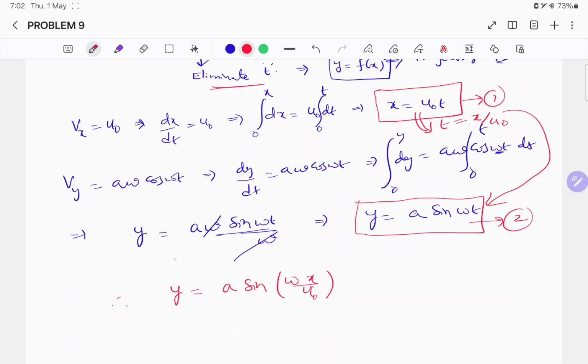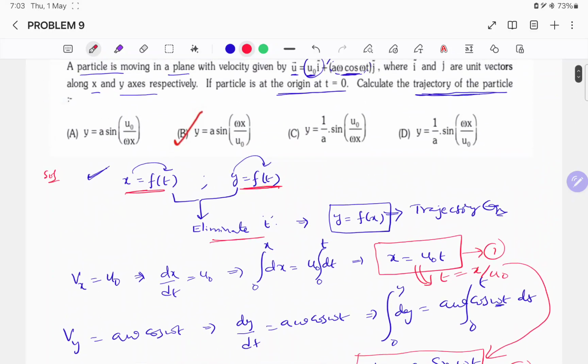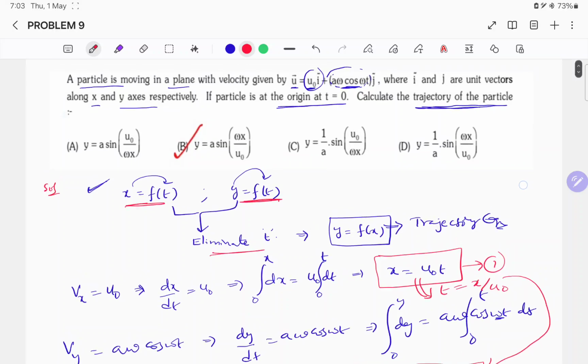So the relation I end up with between y and x is y equal to a sin of omega x by u0. As shown here, option B is correct.